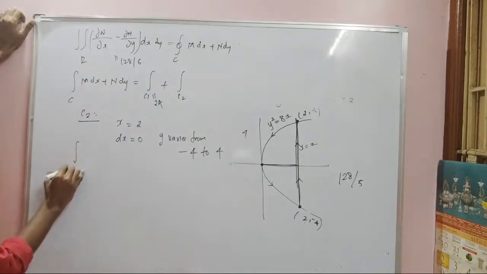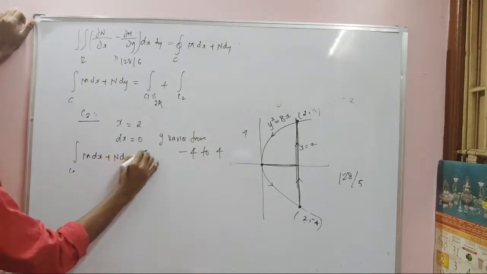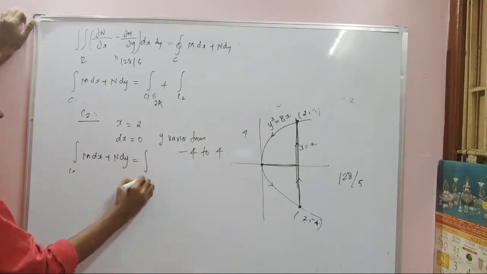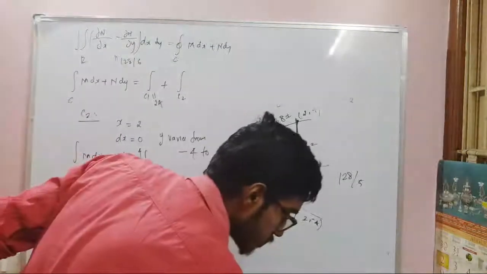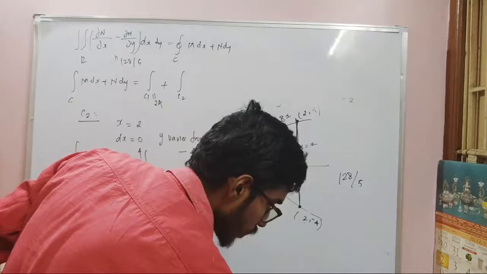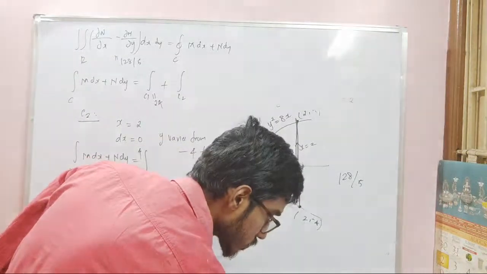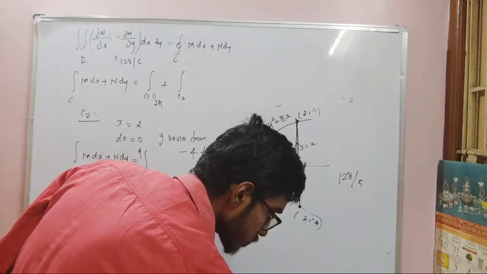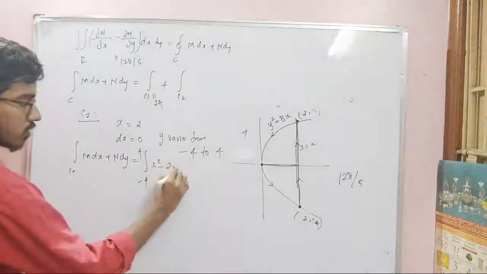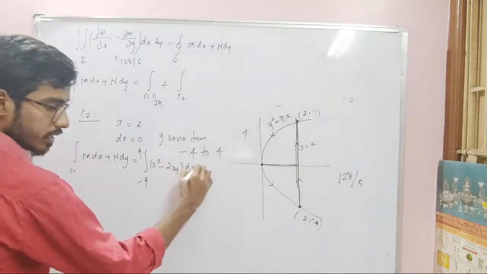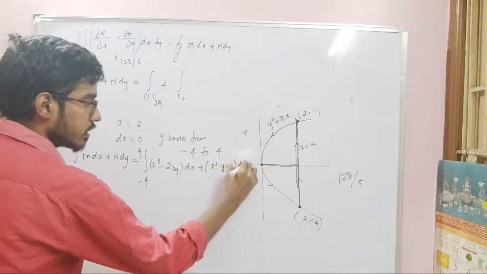So what will be my integral over C2 of m dx plus n dy? This is nothing but the integral where y varies from minus 4 to 4. And what is the question? The question is x square minus 2xy dx plus x square y plus 3 dy.